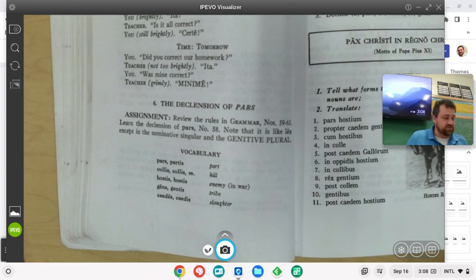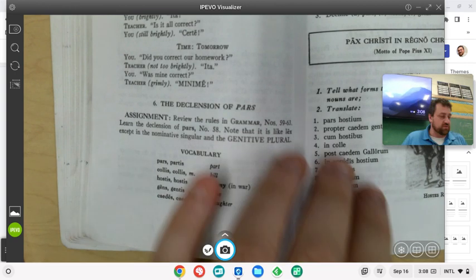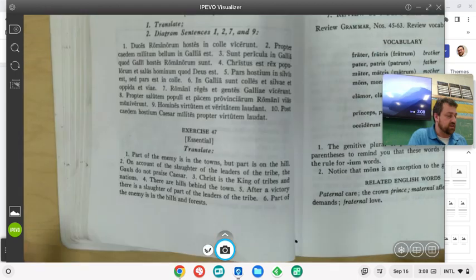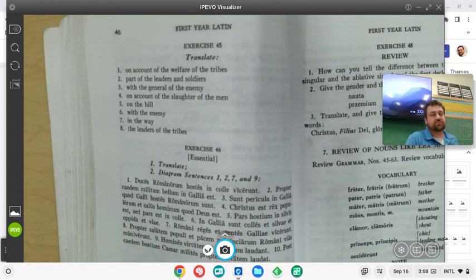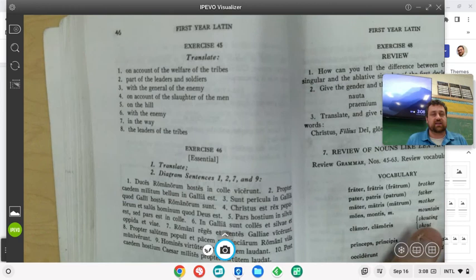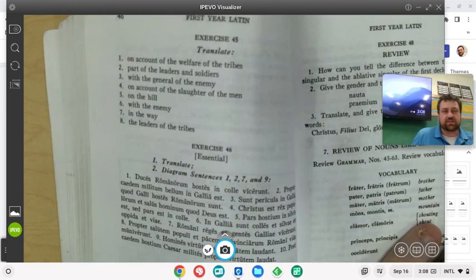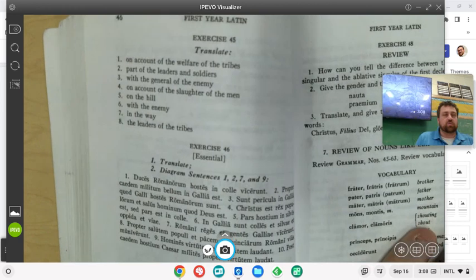All right, and so what we are going to do is look at exercise 45, and we're going to translate about 3 of these here. On account of the welfare of the tribes, exercise 45.